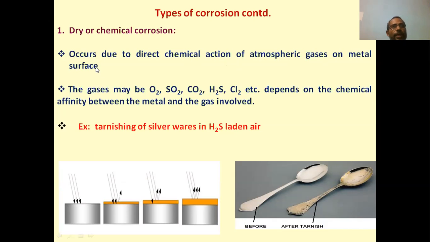It means the metal surface directly interacts with its surrounding gases. What are the gases? Maybe oxygen, sulfur dioxide, carbon dioxide, hydrogen sulfide, chlorine, right? All these surrounding gases react with the metal, and the metal undergoes corrosion. That is what dry or chemical corrosion is.